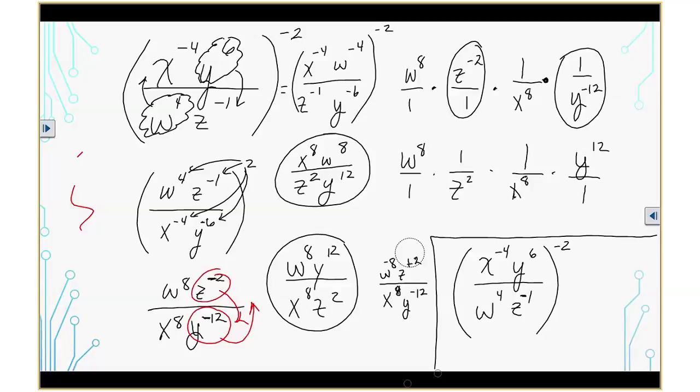That'll give me Y to the 12th, over X to the 8, Z to the 2nd.